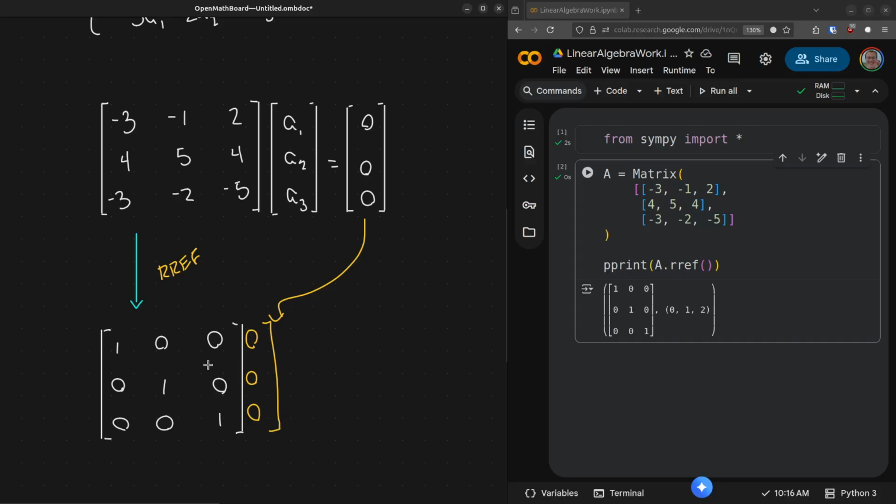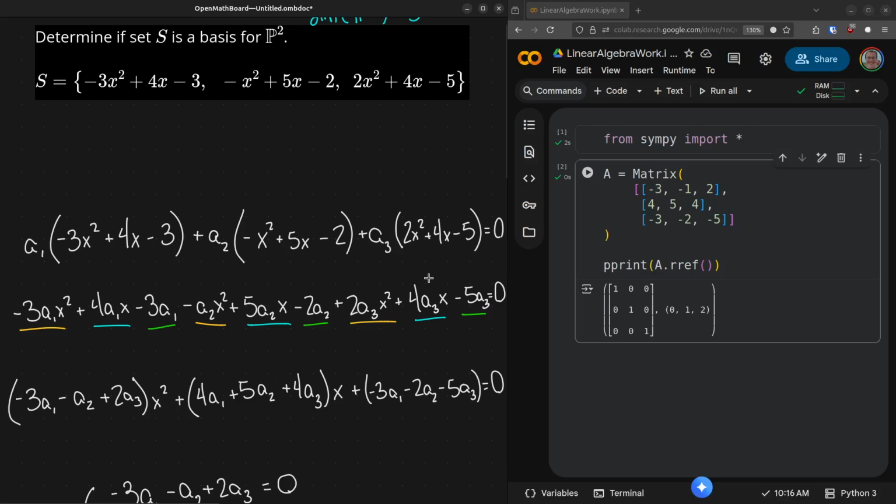So a1 has to be 0, a2 has to be 0, a3 has to be 0. That's what these 3 rows are telling me. That's the only solution, which means the only solution is when a1 and a2 and a3 are all 0.